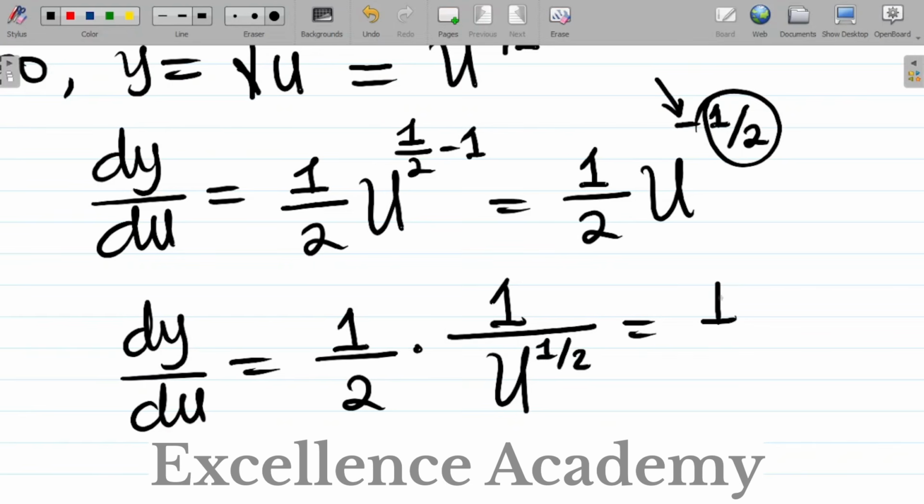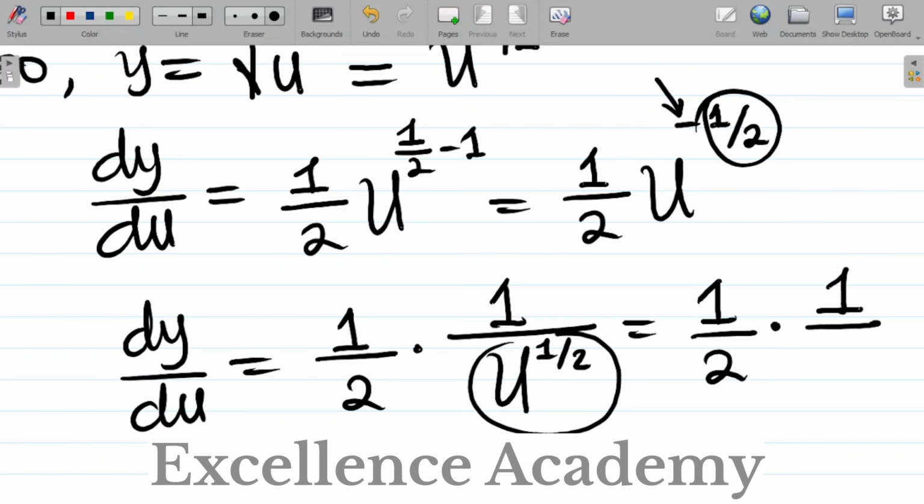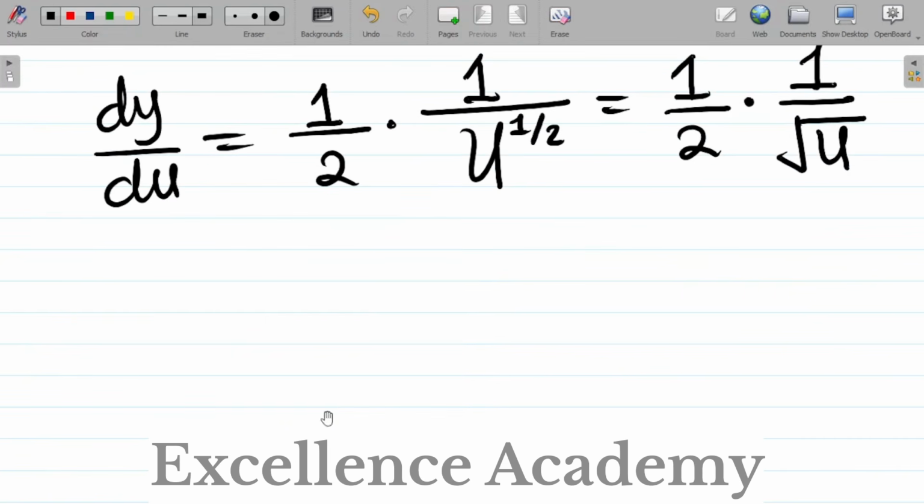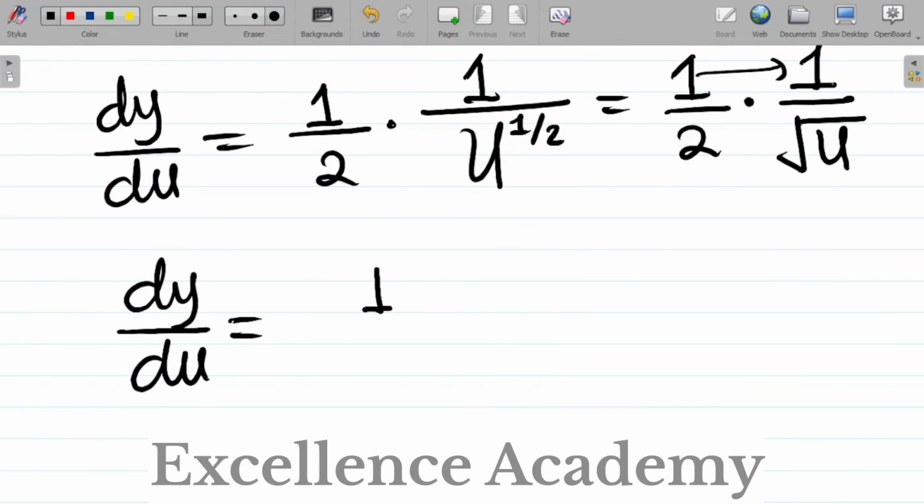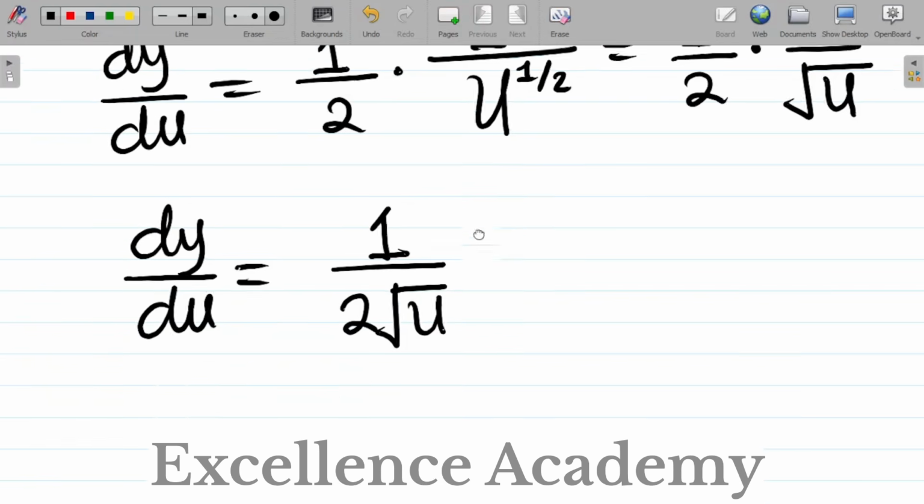And that's equal to 1 over 2 dot 1 all over u to power 1 over 2, which is simply the square root of u, root u. From here, dy all over du is equal to 1 times 1 is 1, all over 2 times root u is 2 root u. This is the value of dy/du.